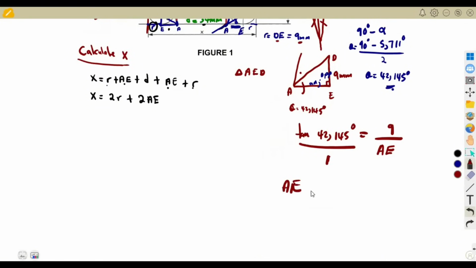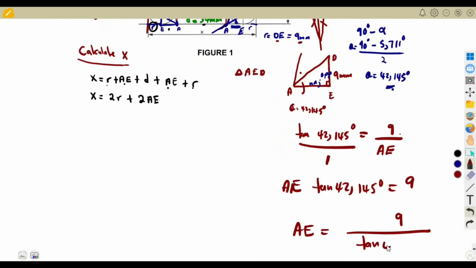So AE times tan of 42.145 degrees is equal to 9. Then we divide both sides. Therefore, AE is going to be equal to 9 over tan of 42.145 degrees.